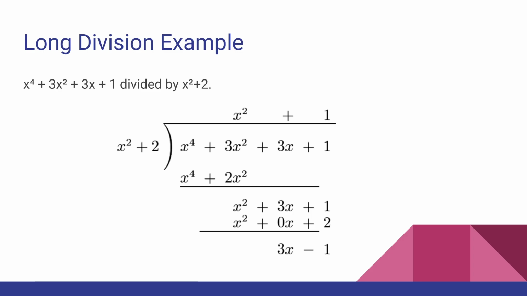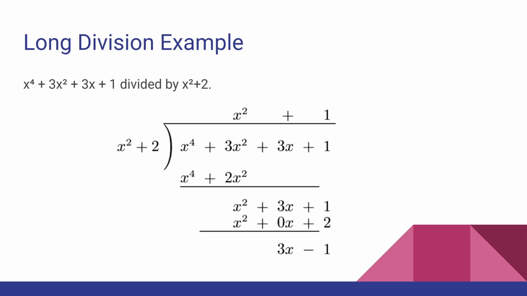As you can see, this is very similar to regular division with integers because we have the same technique using long division. So first we have x squared. So we multiply x squared and x squared plus 2, and then basically we subtract that from our dividend.